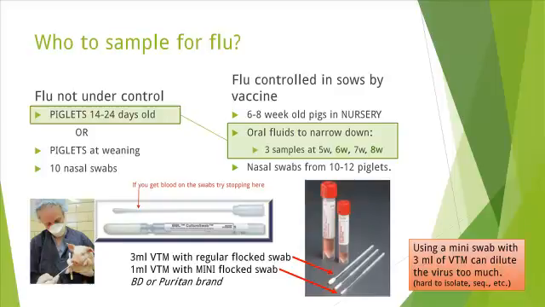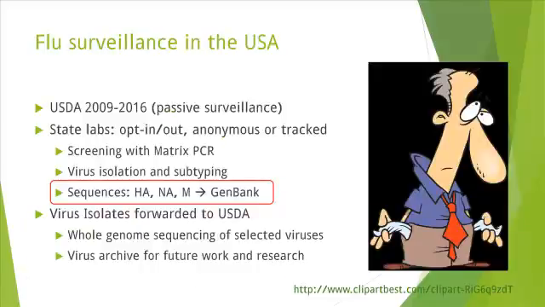So that is my segue into the most common questions being asked of me. So flu surveillance in the United States has been led by the USDA since 2009. This has been passive surveillance, primarily through state labs, and they have provided funding for most of the steps.